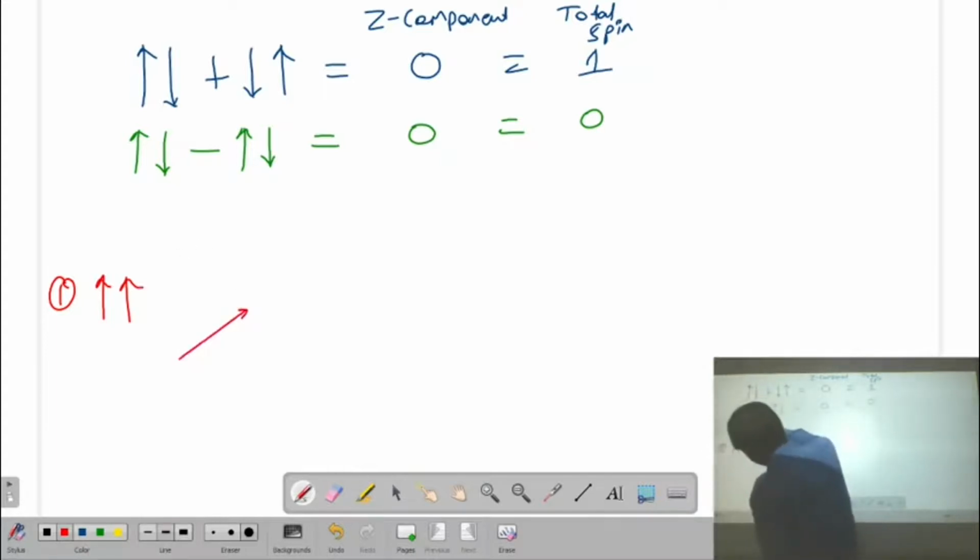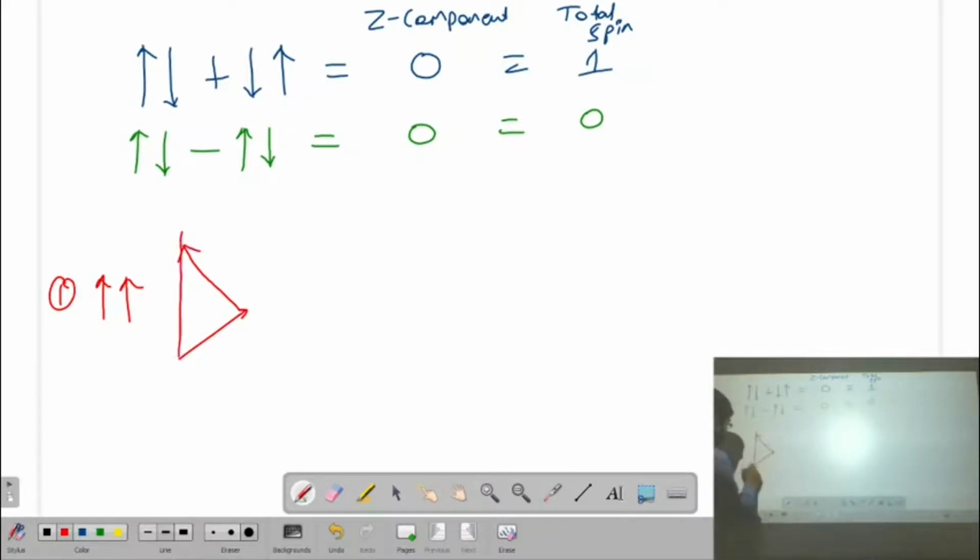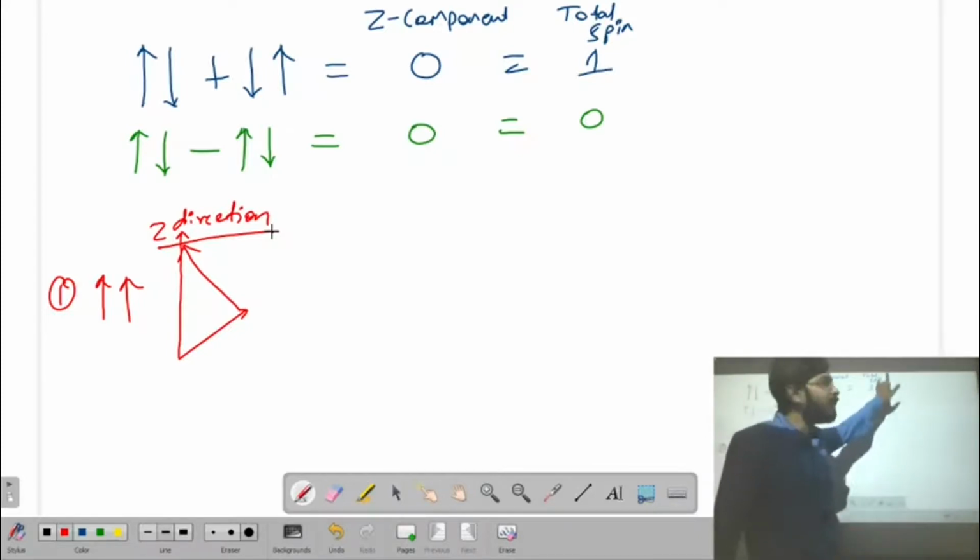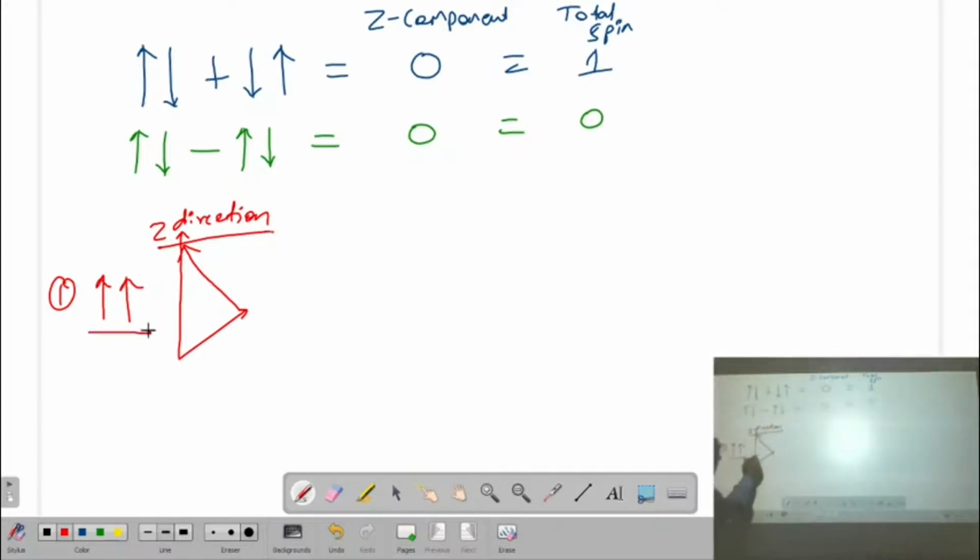The resultant vector is in the z direction. That is why we are getting total spin 1 for both parallel. So total spin S is equal to 1.